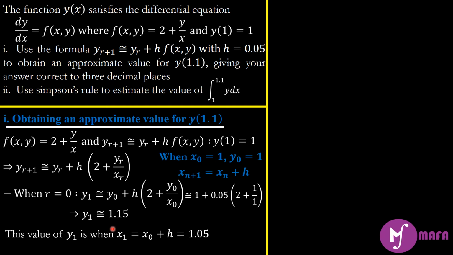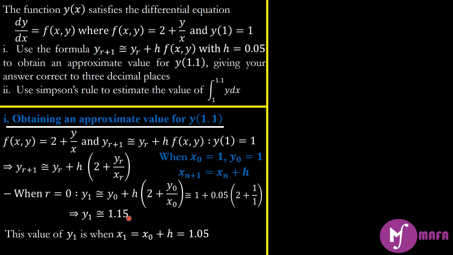Remember that we are pairing x1 and y1, and x1 is simply x0 plus the step length because of this formula. When n is 0, x1 will be equal to x0 plus the step length. The step length is 0.05 and our x0 is 1. So it means that for x1 equal to 1.05, our y1 is 1.15.